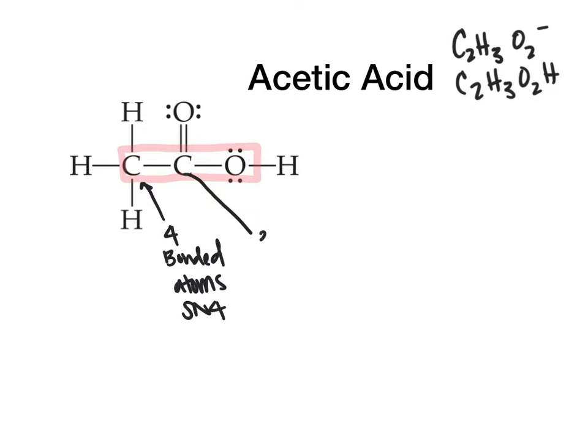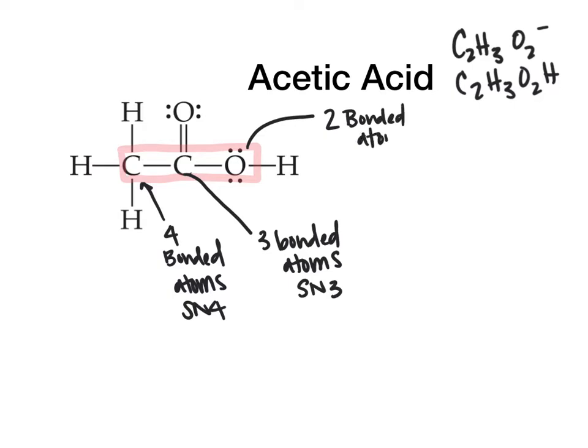This carbon has 3 bonded atoms. Double bonds don't count twice, so this has a steric number of 3. Oxygen has 2 bonded atoms and 2 lone pairs, so it also has a steric number of 4.